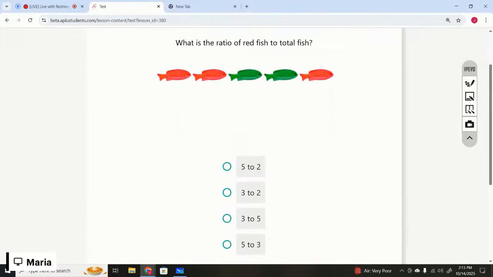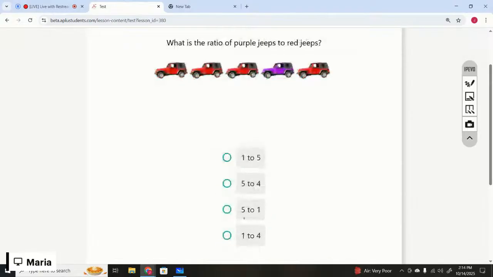What is the ratio of the red fish to total fish? 3 to 5. Number 3 is the correct option. What is the ratio of the purple jeeps to red jeeps?